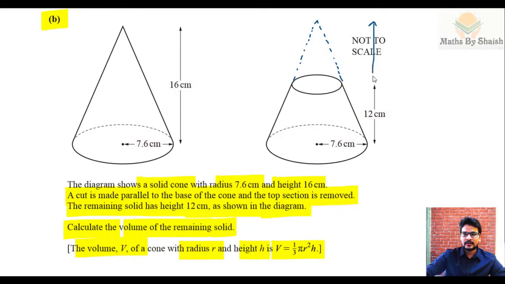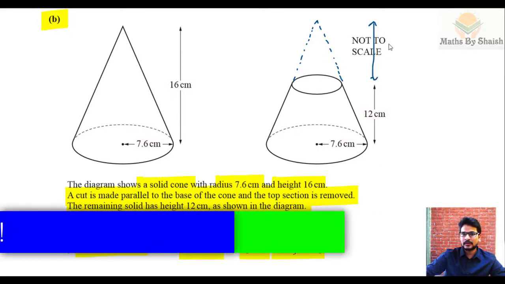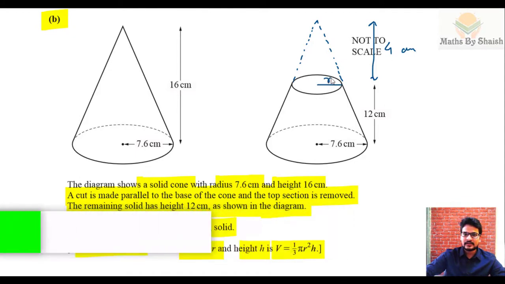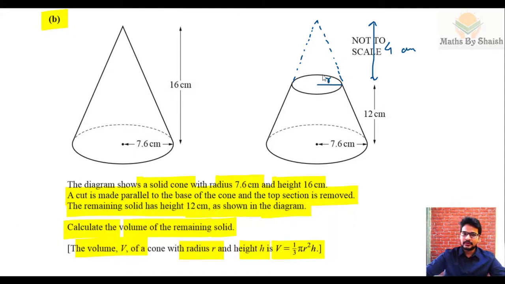So of course the remaining length, if it is 12, this would be 4. This length is 4 centimeter, and let's say this radius is small r. If they are similar, it means we can have the scale factor for this bigger cone and this smaller cone.